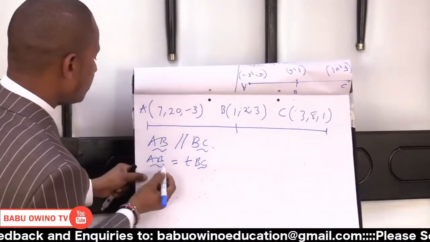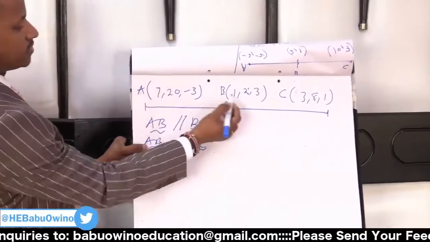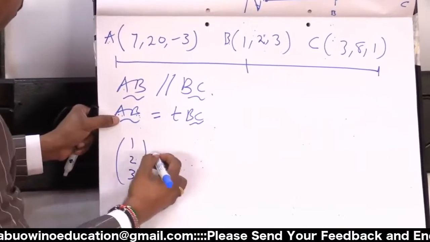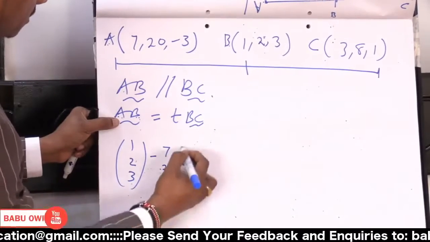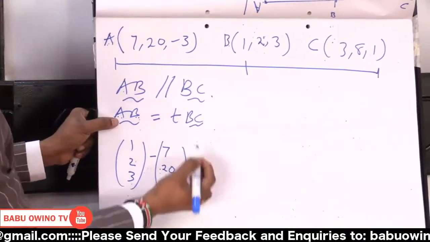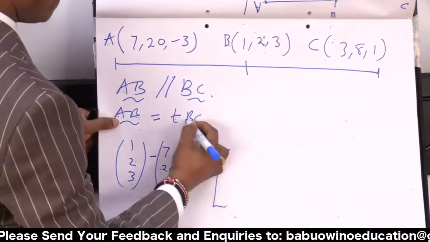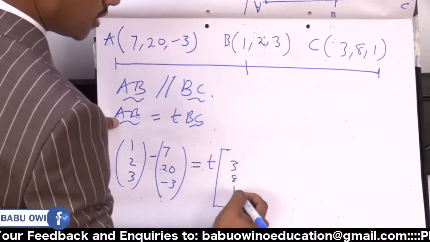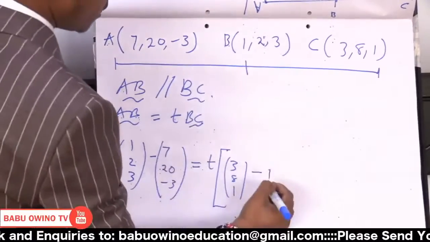But AB means B minus A. So AB means B, which is (1, 2, 3), minus A, which is (7, 20, -3), equals t into BC, which means C minus B. So C is (3, 8, 1) minus B, our B is (1, 2, 3).